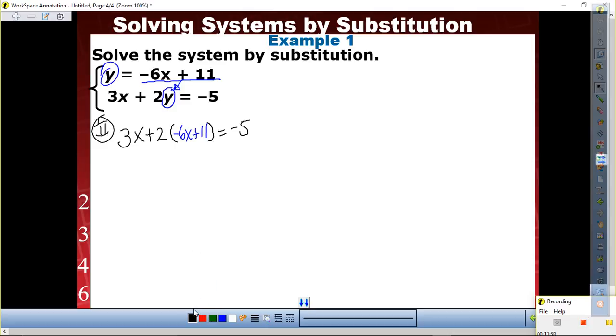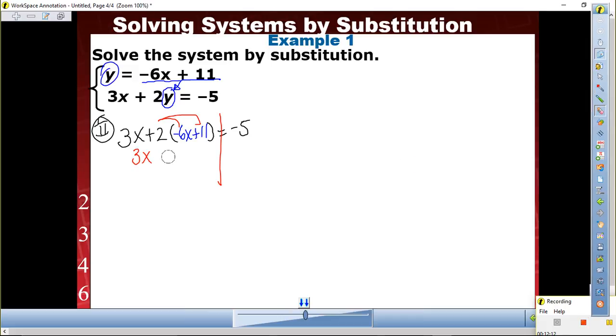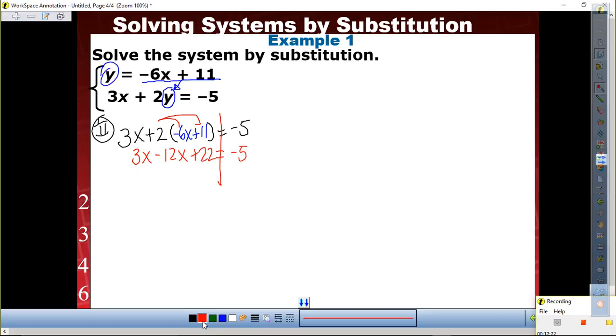And then step 2 at the end, we said we need to solve it. All right, let's solve it. So distribute, so we get 3x minus 12x plus 22 equals negative 5. Ethan, what else?